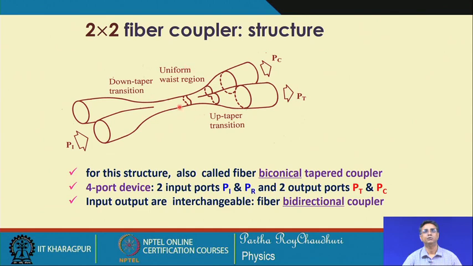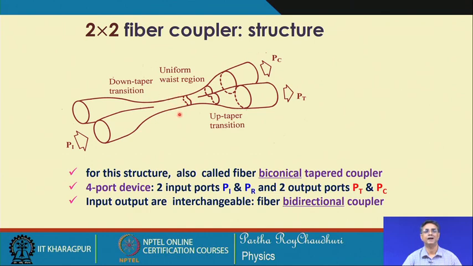There will be a uniform waist here and there will be an up taper to form the optically isolated pair of fibers. So, we started with two optical fibers which are isolated, but we brought them in contact with each other and then we fused and pulled. The idea is that when the dimension of the individual fibers is reduced, the core radius will become very small, and proportionately the cladding will also become small.